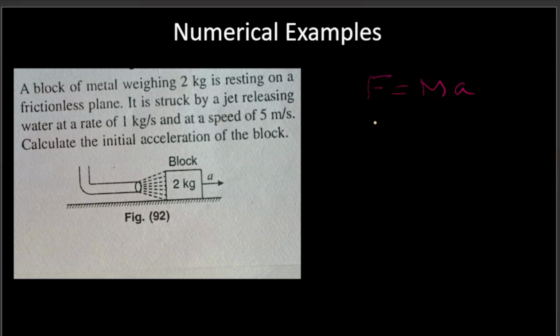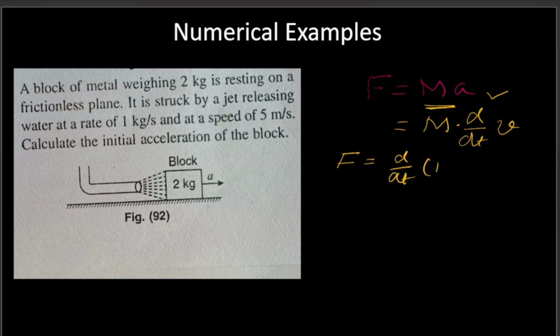So, again, we can write A is d dt of V. Okay, but here m is also variable, so this is not the situation here. So we can modify this equation with the help of this, like F is d dt of p.